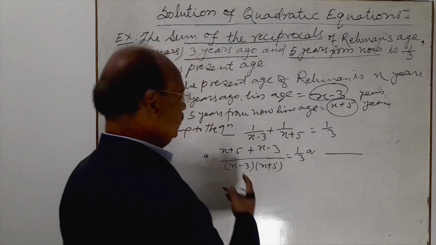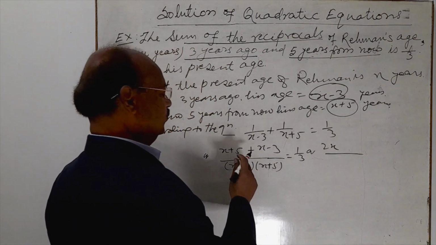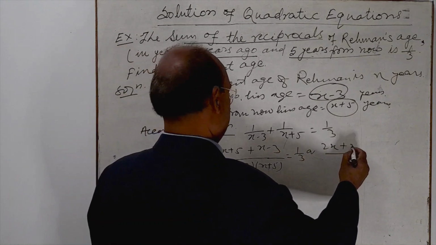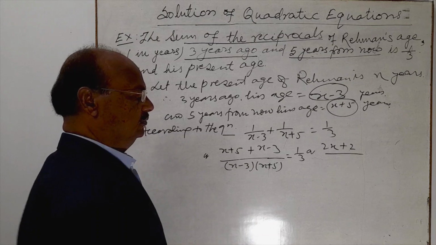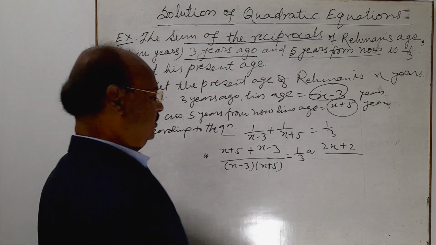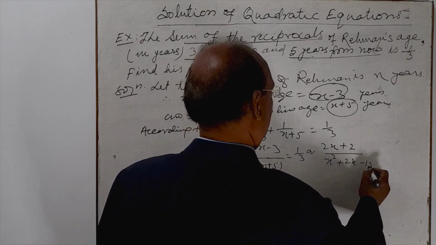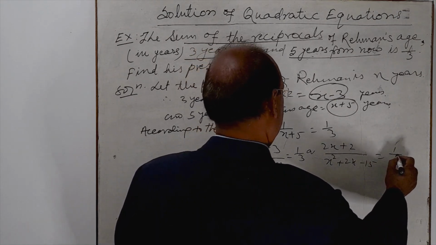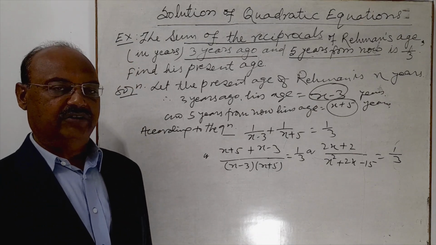In the numerator this will be 2x, since 5 minus 3 is 2, plus 2, and we multiply these two linear expressions. So this will be x square plus 2x minus 15 is equal to 1 by 3. I hope you understood it very well.